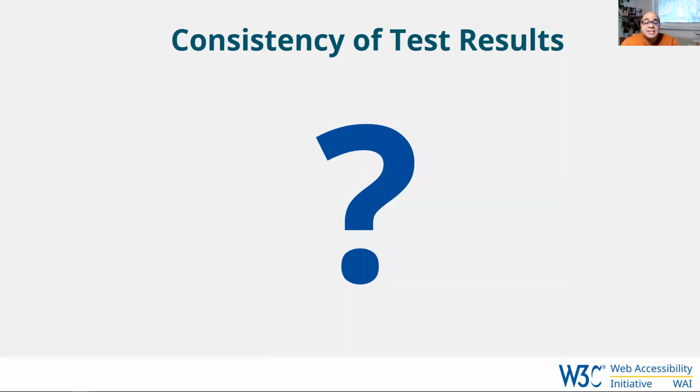So what is the consistency among all of these? Those of you who are more experienced in accessibility testing will know that it's sometimes quite severe. We have very small differences that lead to quite substantial results at the end, meaning that if you use one methodology or have it tested by one person, you can get a result, and have it tested by another person or using another methodology, you get a different result.